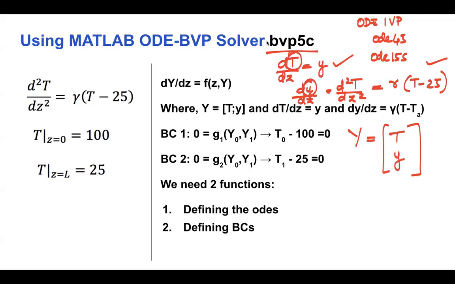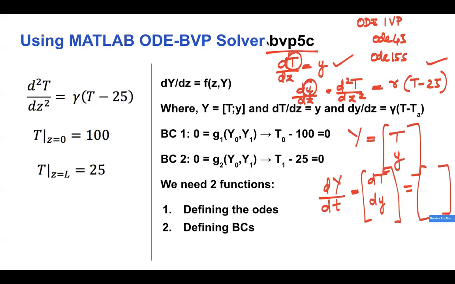And when we say d of capital Y by dz, it will be the derivative of the column vector of T and y, and this will be equal to the two functions. Sorry, one d by dz I missed here.